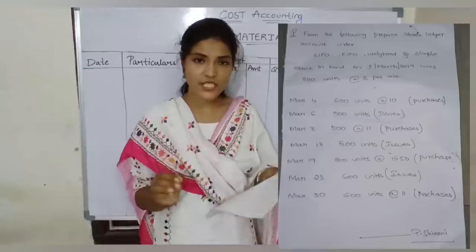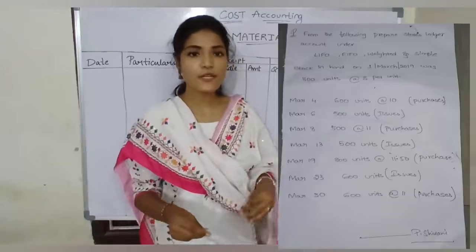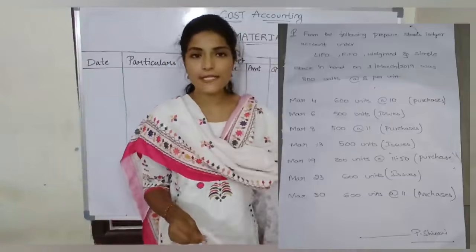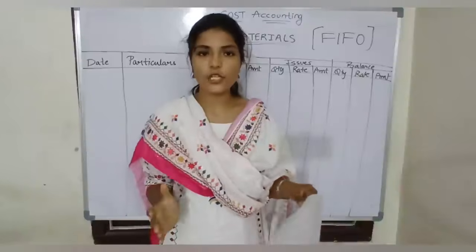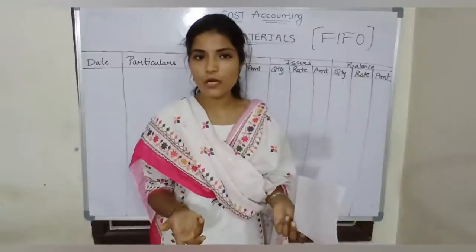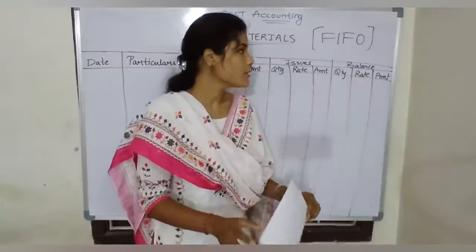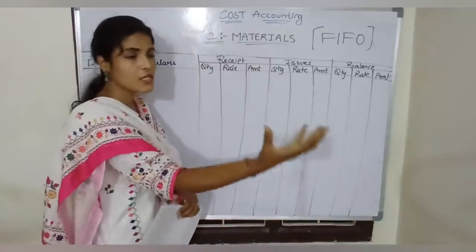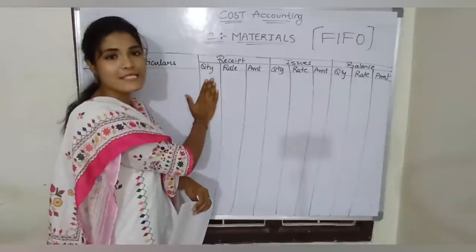On March 6th, 500 units were issued. Issued means goods are going from the go down to the organization. In an organization we store our goods in a go down or a warehouse. Receipts are when you purchase goods for your organization and goods enter the go down, so that is called receipt.